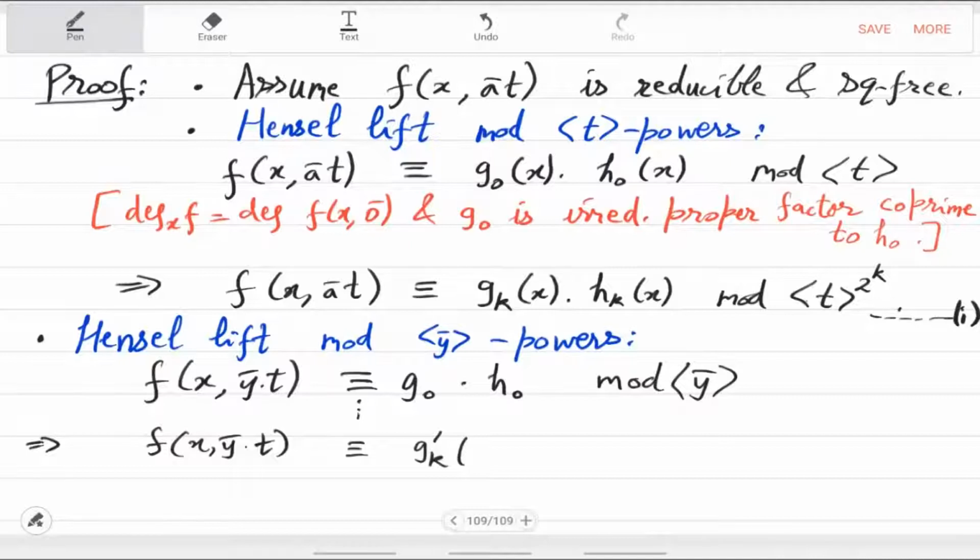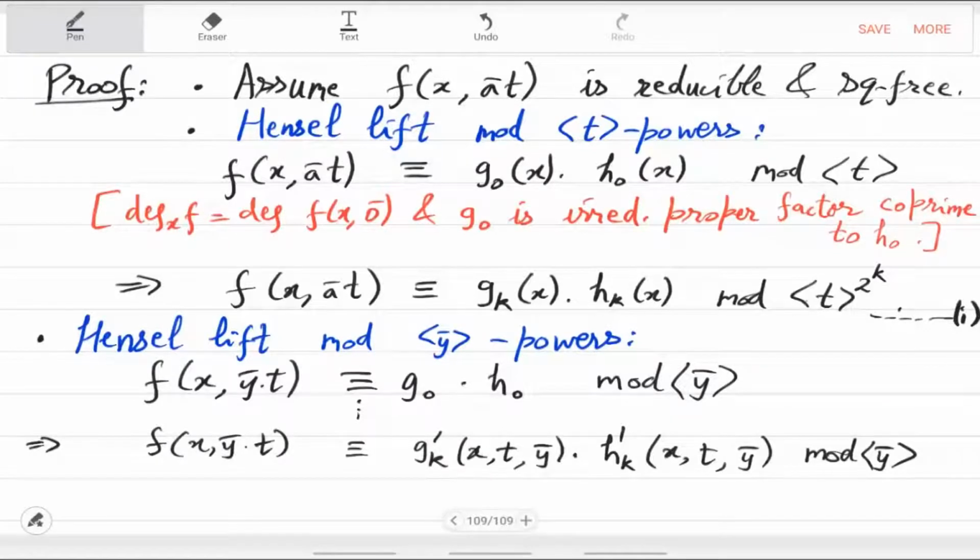So it's a polynomial in x, in t, and in y bar, and you will get hk prime, polynomial in x, t, y bar modulo what? So this is modulo y bar to a large power 2 raised to k, right?